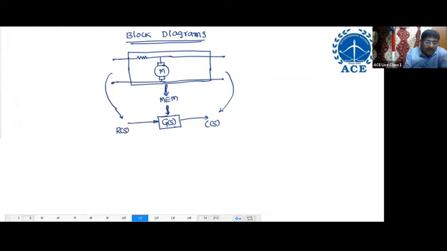So what is a block diagram? It represents a system.